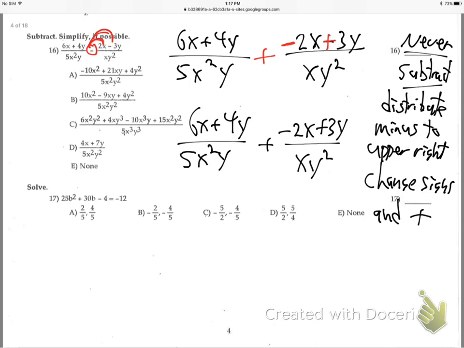Okay, so what are we supposed to do now? Should we look at the common denominator and say, okay, look at this, common denominator, 5x squared y squared, 5x squared y squared, 5x squared y squared, cross cancel? No. That's illegal procedure.